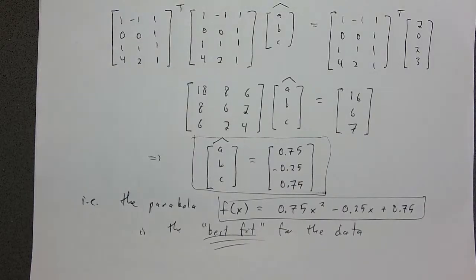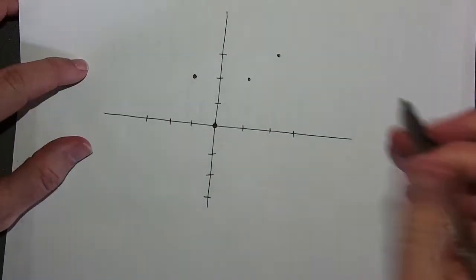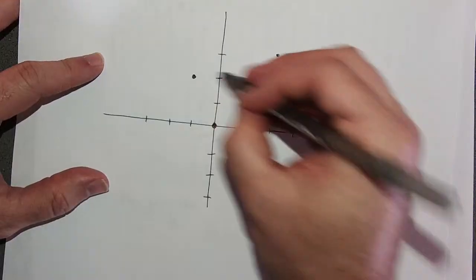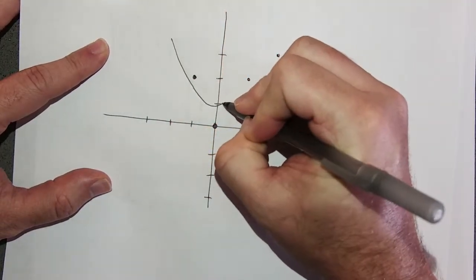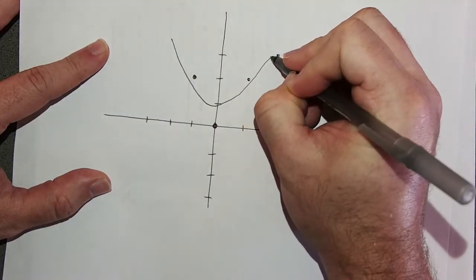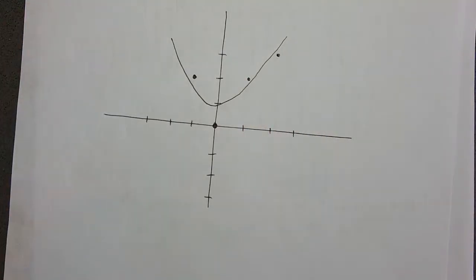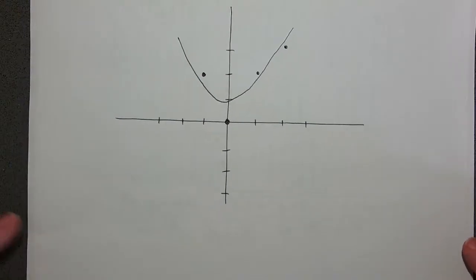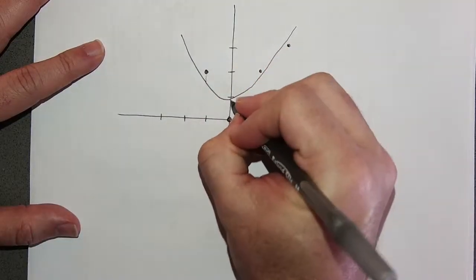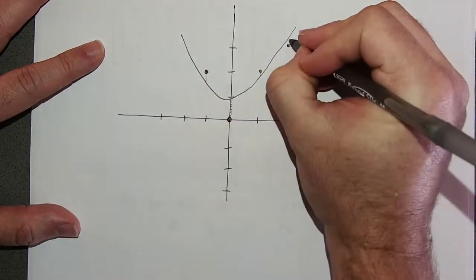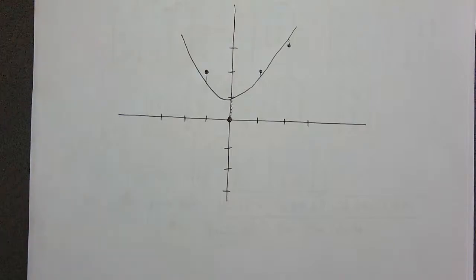All right. So going back to our data, what does this actually look like if I were to sketch this in? It looks something like this, maybe. Maybe you find that to be good. But remember what is being done: these vertical distances, the sums of their squares, are being minimized.